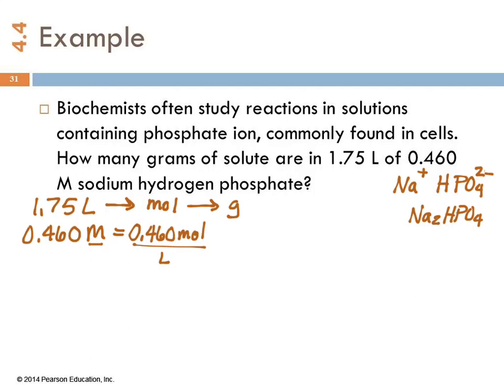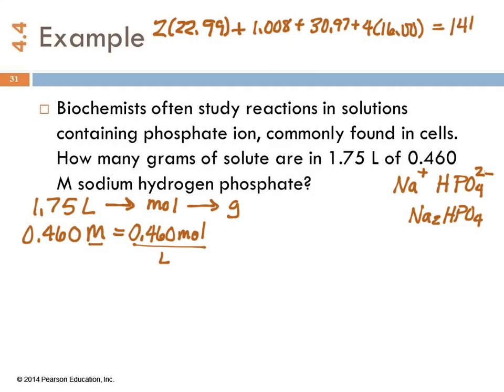And we'll use that to calculate the molar mass. So I'm going to do that up at the top. 2 times the mass of sodium plus hydrogen plus phosphorus plus 4 times the mass of oxygen. 141.958.